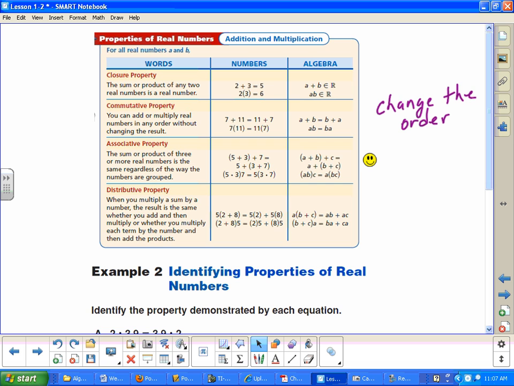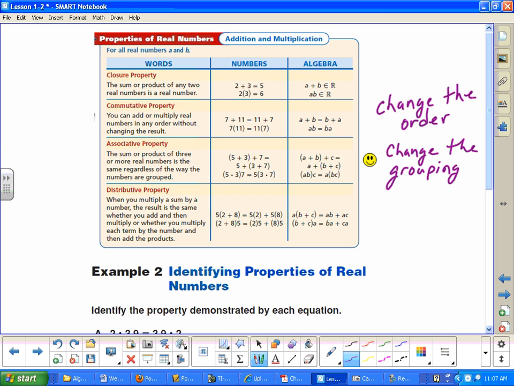The associative property tells us we're going to change the grouping. In other words, we're changing what numbers are grouped together. So if you look at the addition part here, 5 plus 3, those two are combined with parentheses, plus 7, is the same as 5 plus, in parentheses, 3 plus 7.